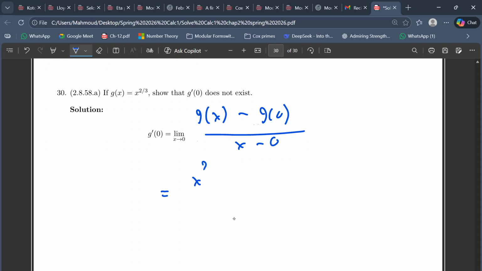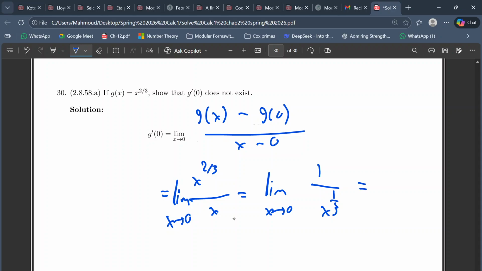So x to the 2 over 3 minus 0 over x, as x goes to 0. Then what's the result here? It will be the limit as x goes to 0 of 1 over x to the 1 over 3, right? And you get that it does not exist, right? Are you good with this?